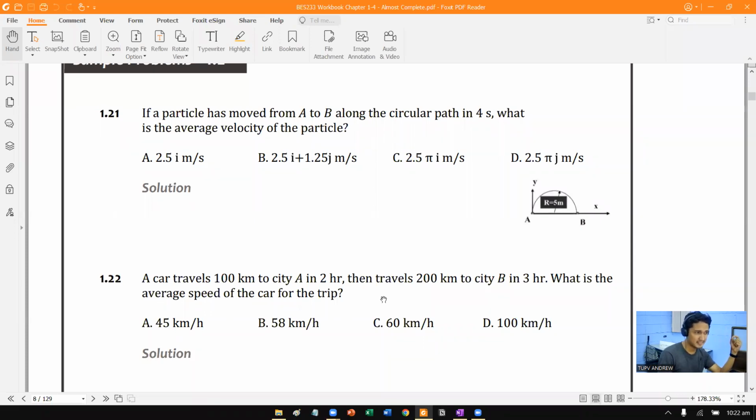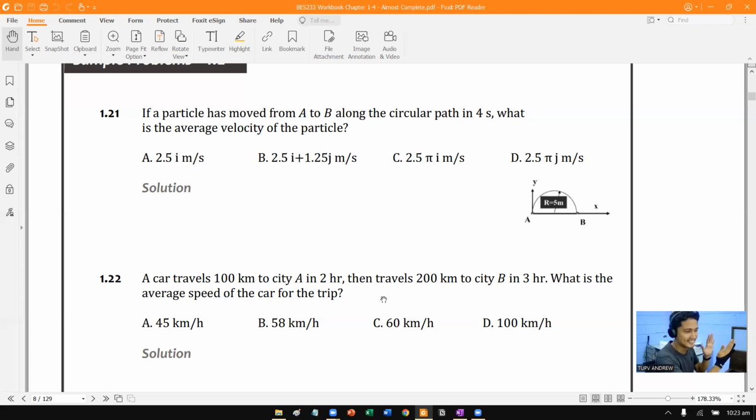So the distance is 5 meters. Then we divide by time. Ah, 5 meters is the radius, sorry.